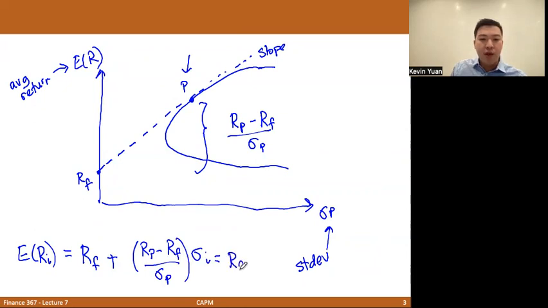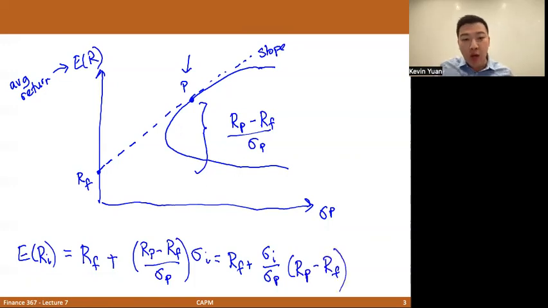Okay, so we can rewrite this equation. So risk-free rate plus, sorry, I need to erase this portion here. Let's kill this here. Okay, we can rewrite this equation as sigma I over sigma P times RP minus RF.